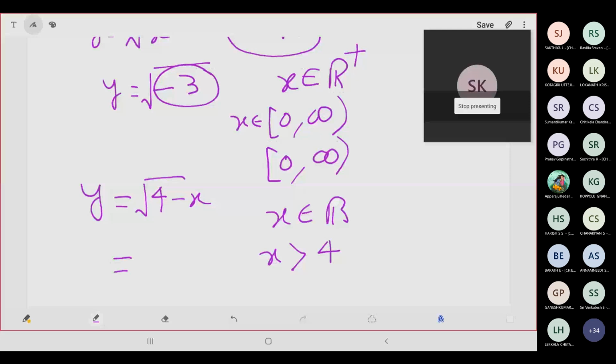So you can restrict this. You can take x from minus infinity to 4 only. So your domain would be minus infinity to 4 only.